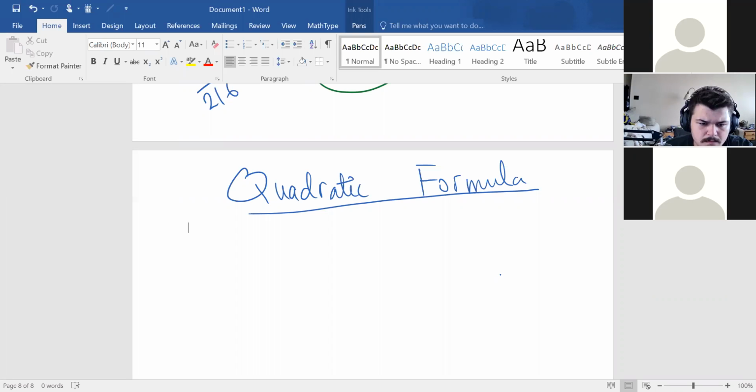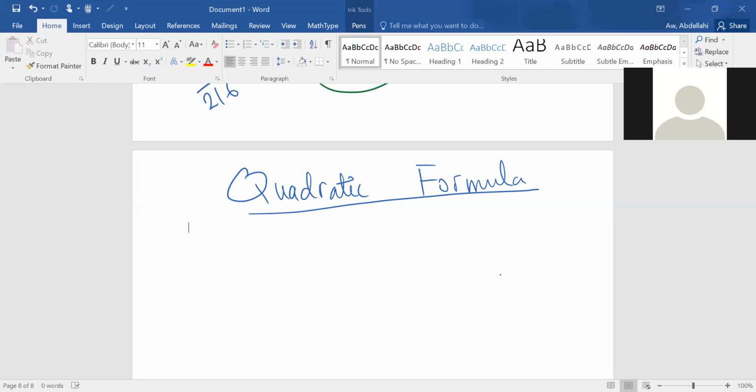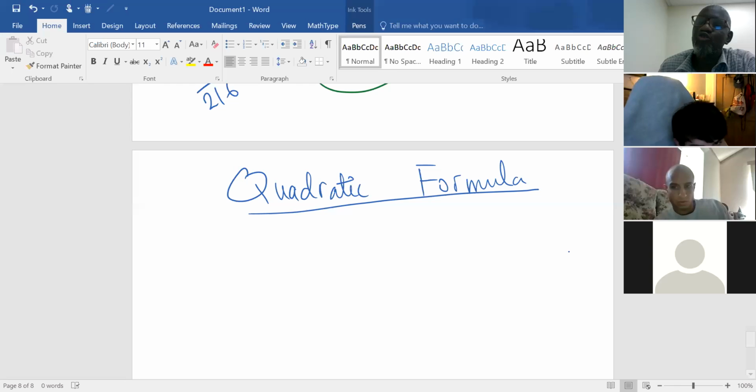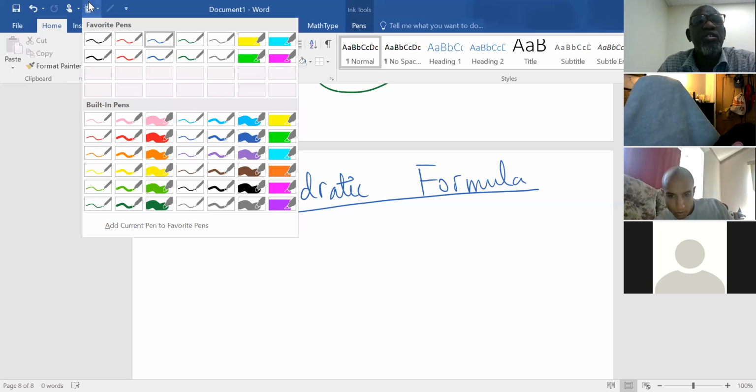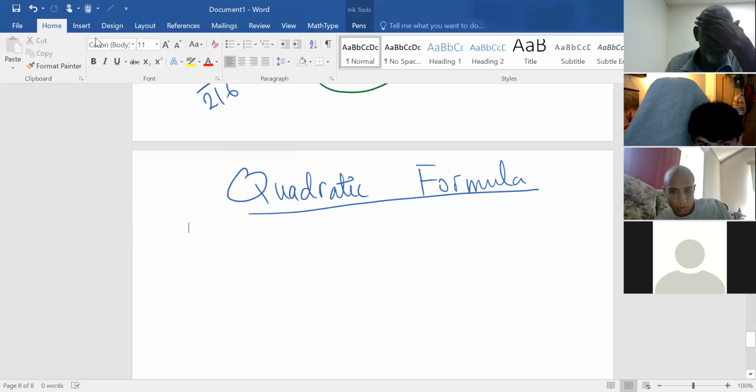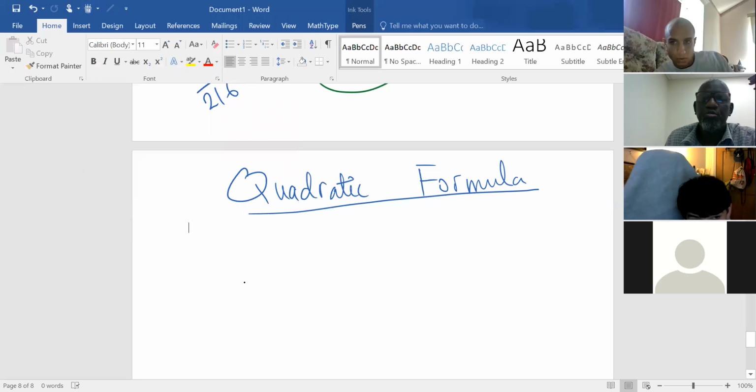There it is. Every time you have a formula, please try to hold on to it as long as you are doing math, until you are done with math, okay? The formula comes from long calculations, which I will not show to you.